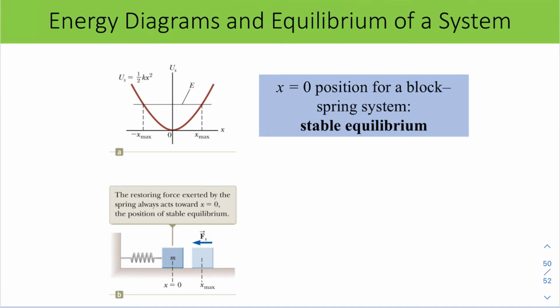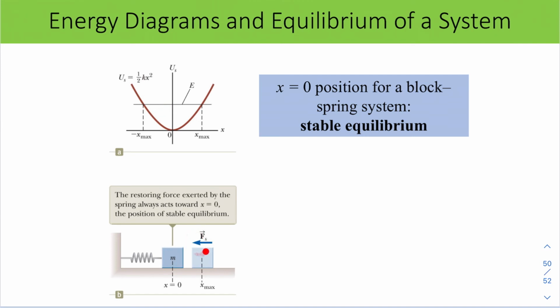When the block is placed at rest at the equilibrium position of the spring, x equals 0, where we know that Fs is also 0, it will remain there unless some external force, F external, acts on it. If this external force stretches the spring from the equilibrium position, x equals 0, to positive x, the slope of dU/dx is positive.